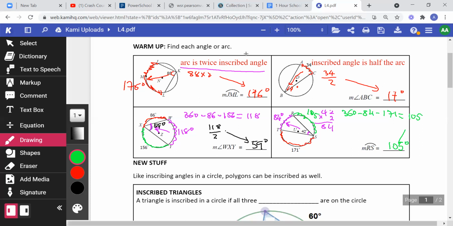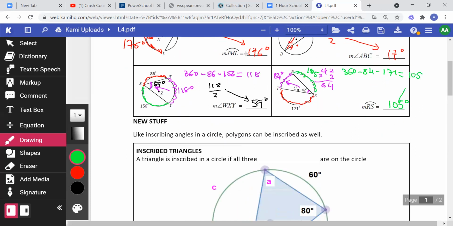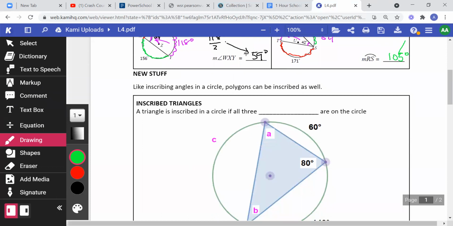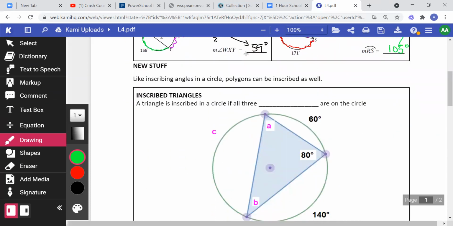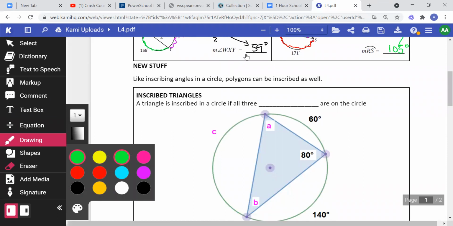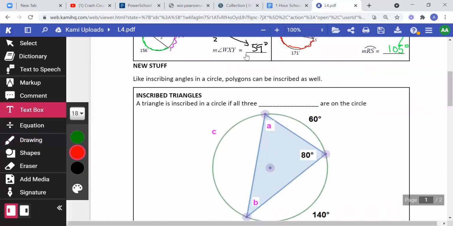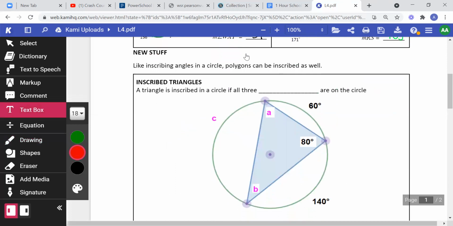So this is just a warm-up of what we did the whole of last week, lessons 1, 2, 3. Then today we're just going to quickly go to a new topic. As you can see, we have a triangle on this circle.